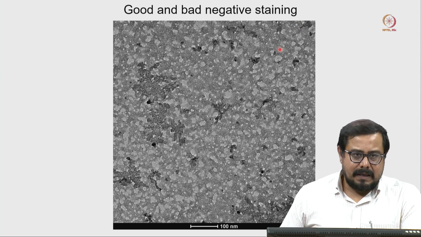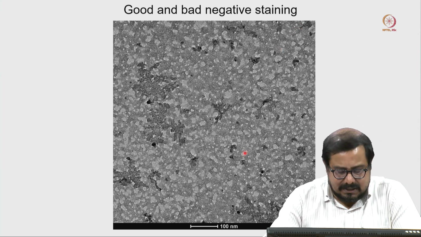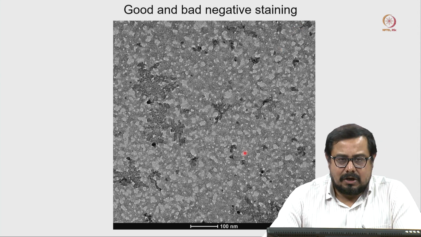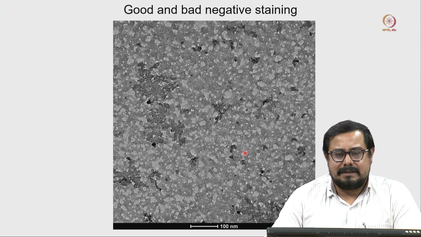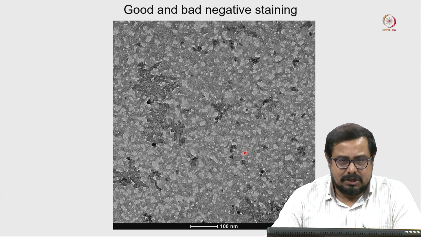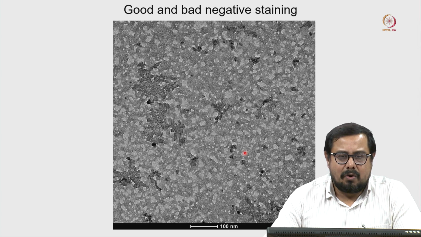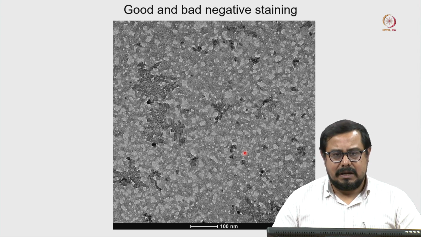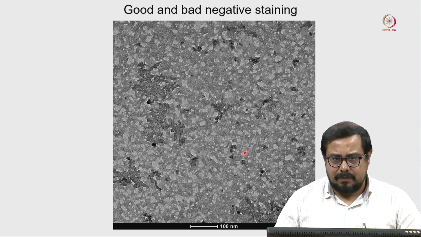So if we collect an image like this one, what do you think, is it a good image or a bad image? When we are talking about a good negative staining image, if it is a protein sample, it should be monodispersed and isolated, and you can see the morphology of the protein.